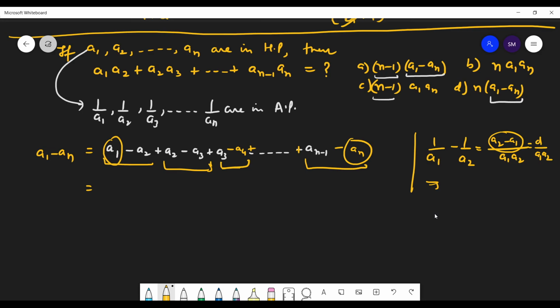Value of a1 a2 is equal to a2 minus a1 by d. So see, that's not d, students. That's not d actually.